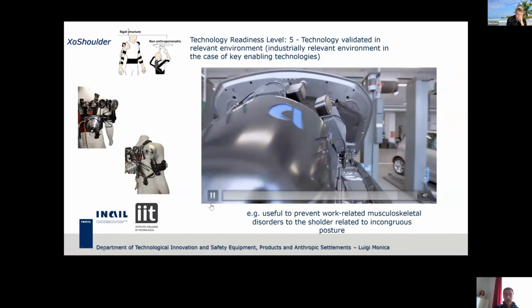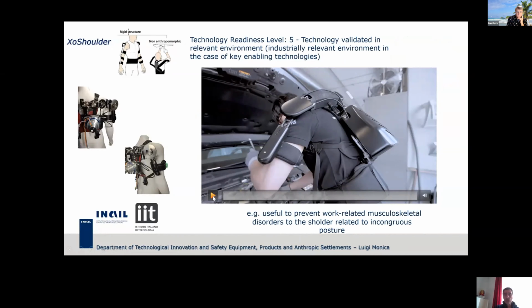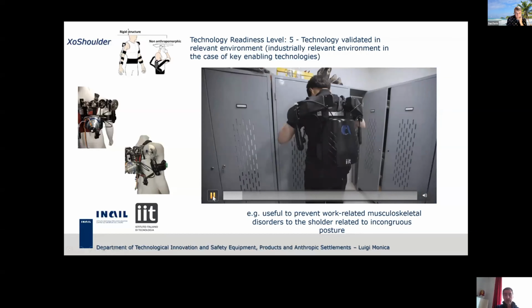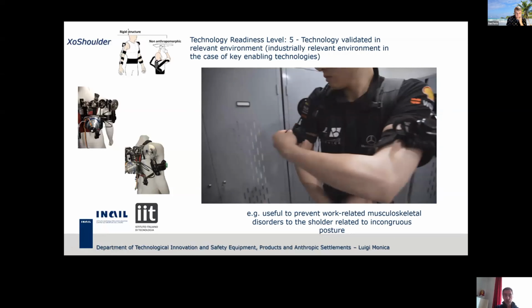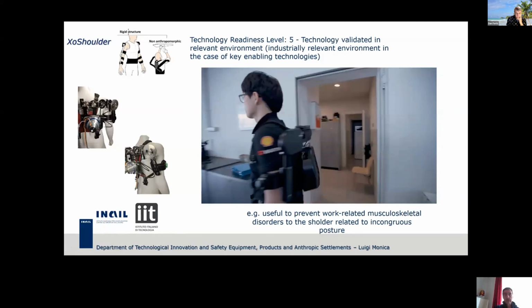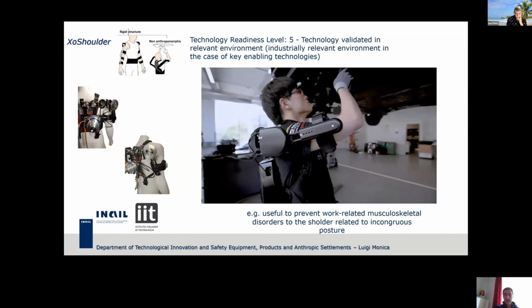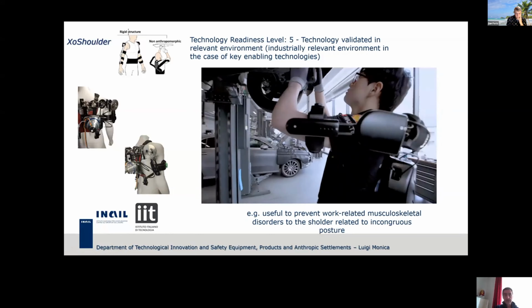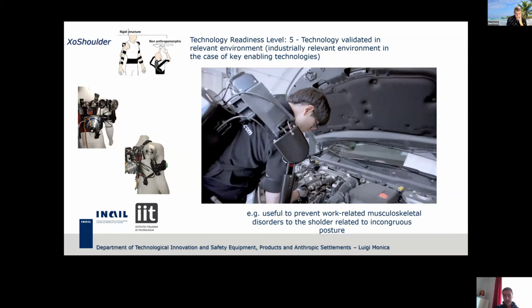For example, this device is useful to prevent work-related musculoskeletal disorders of the shoulder related to incongruous posture. The technology readiness level of this device is 5. The technology is validated in a relevant environment, so showing the video.